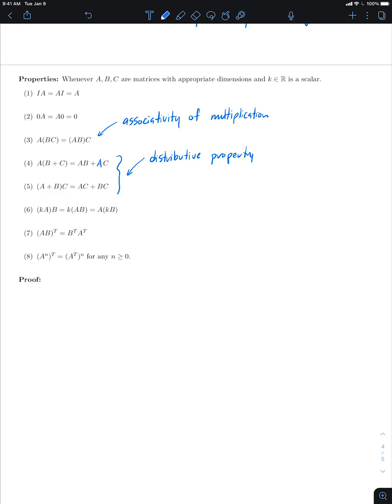So let's say I take the result of that power calculation and I want to transpose it. Well, the good news is I have another option. Instead of taking the power first and then taking the transpose of the result, I could take the transpose of the matrix A first and then raise the result to that same power. And this property is what says that you can do that.